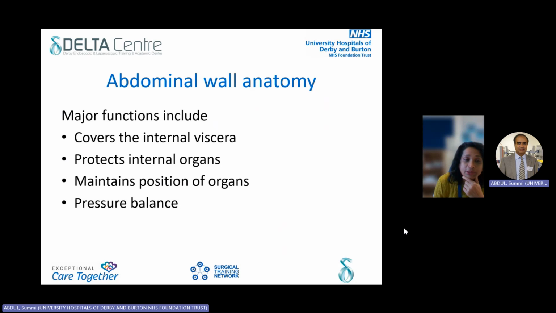When we go on to anatomy, why is anatomy important for surgery? Well, I'm going to concentrate on the abdominal wall here, because that's where, as obstetricians and gynecologists, we're interested. The main function of the abdominal wall is that it covers the organs, protects them, and maintains the position of the organs.